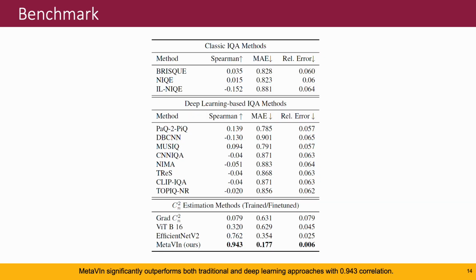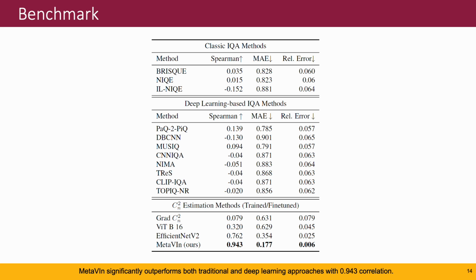And those are some of the benchmark results, where we see that classical image quality assessment or deep learning based image quality assessment are not that great, with very low Spearman correlation or very high mean absolute error. In the case of a recent one like gradient CN score estimation, those are also not that robust.